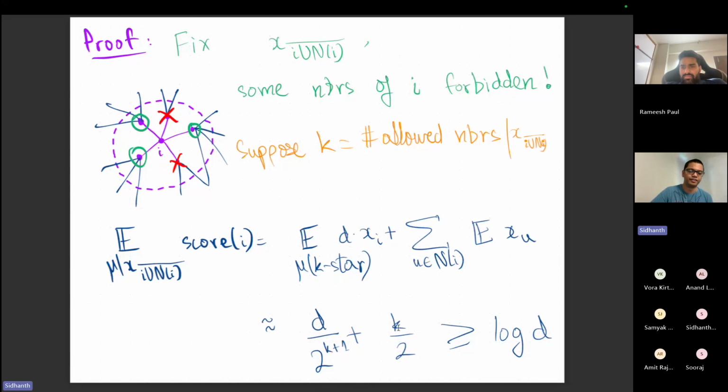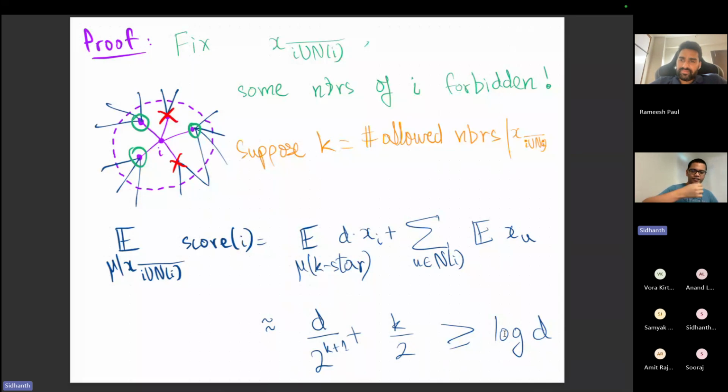The way to see it is, if k was already as large as, say, log d over 2, then the second term alone, the k over 2, gives you an order log d. But if k was smaller than log d over 2, then the denominator here is not going to fully cancel out the d, and you're going to have enough left to make the first term larger than log d.